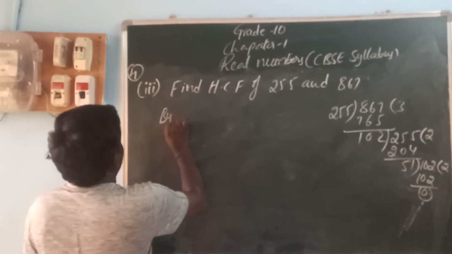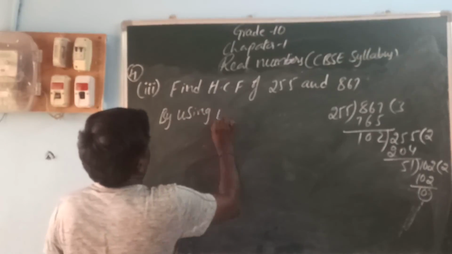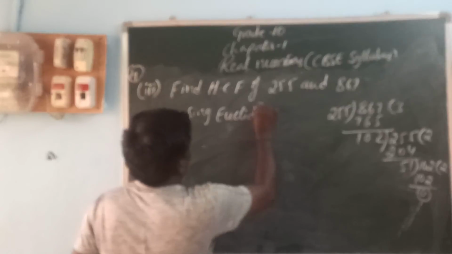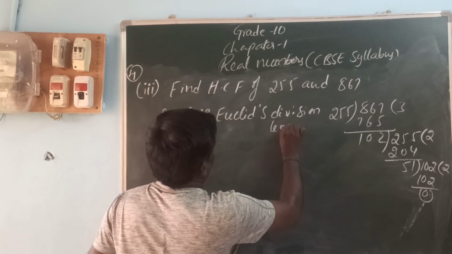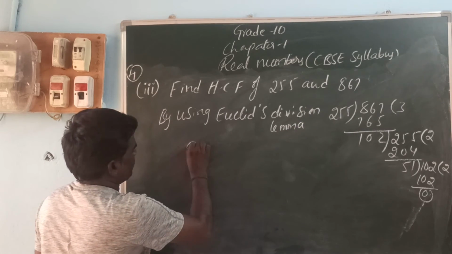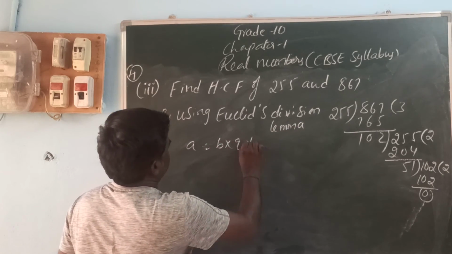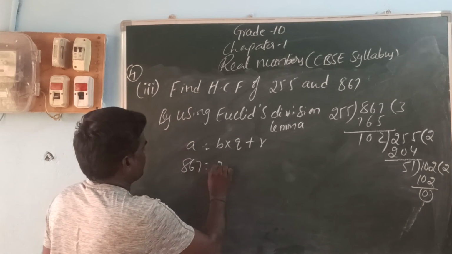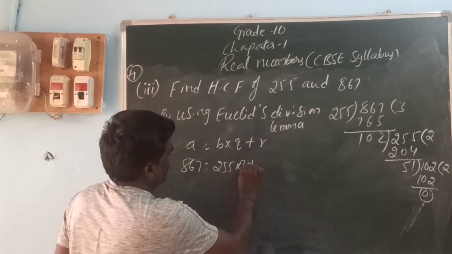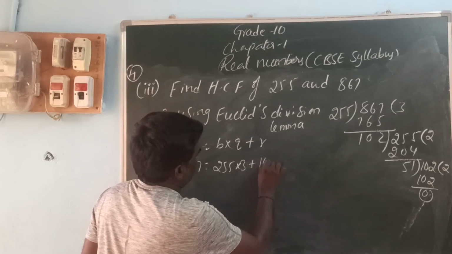So by using Euclid division lemma, A is equal to B into Q plus R. So here 867 is equal to 255 into 3 plus the remainder 102.